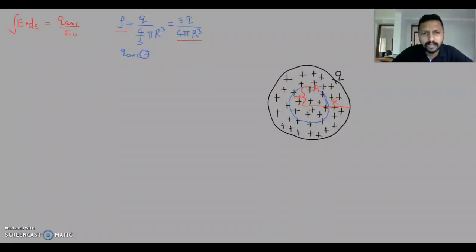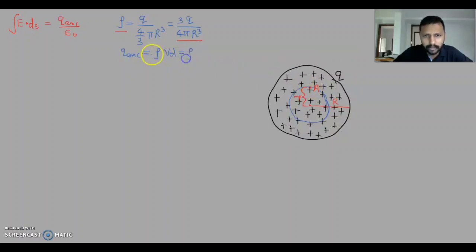How can we find out the charge inside this blue sphere? It is very simple. If we know the charge density, that is charge per unit volume, charge density into the volume of this blue portion will give you Q enclosed.